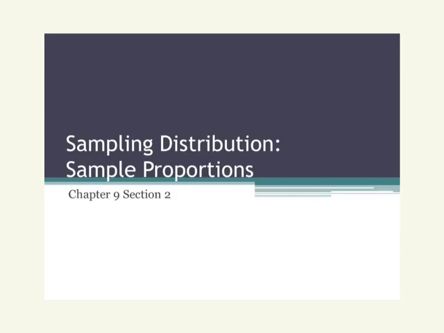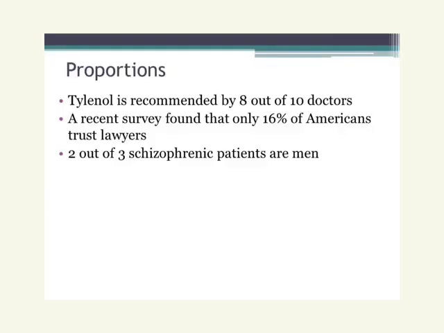And so we want to look at some examples first off of what a proportion looks like in statistics. They're very simple. Here you see three examples of proportions from statistics. The first one, you probably have seen something similar to this on commercial advertisements before: Tylenol is recommended by 8 out of 10 doctors. Now, how did they come up with that statistic?